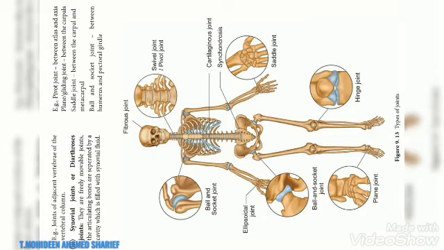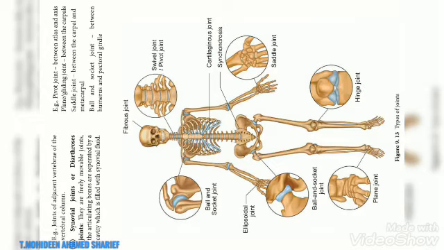So now we will see about the joints. Joints are essential. Sometimes they play a protective role. Force generated by the muscles is used to carry out the movement through joints, which helps the human functional activity of daily living.